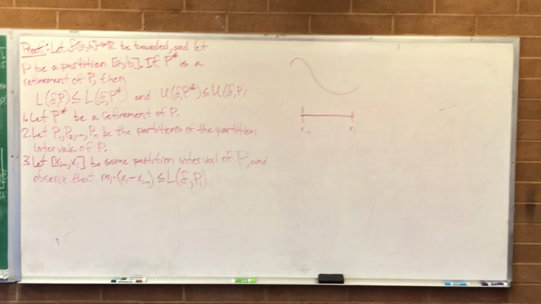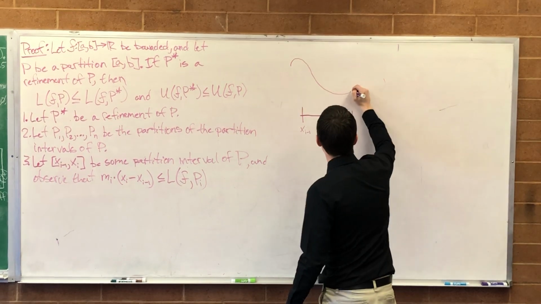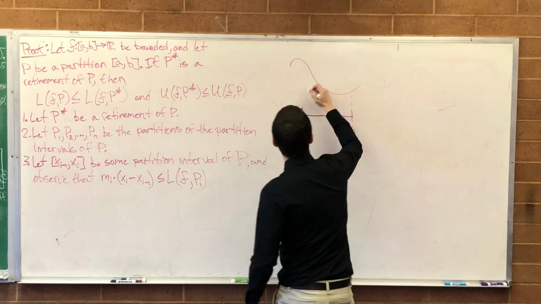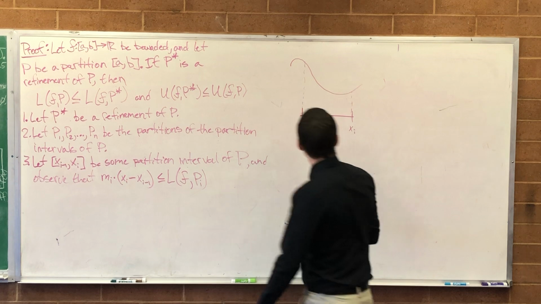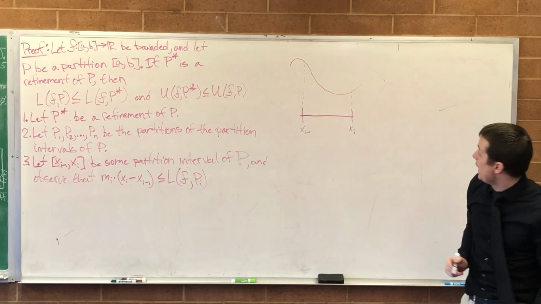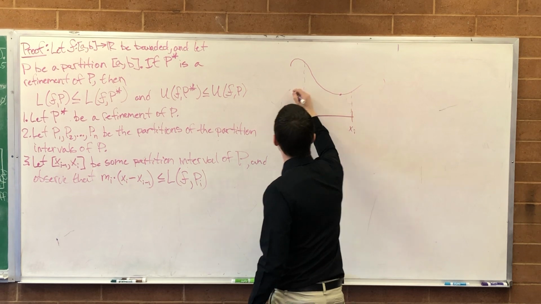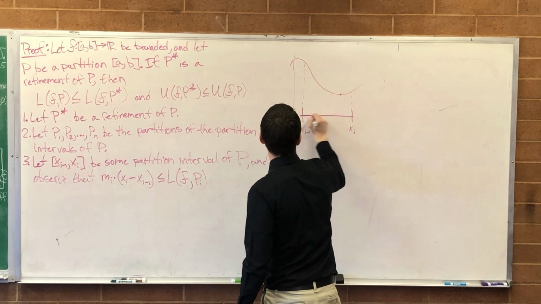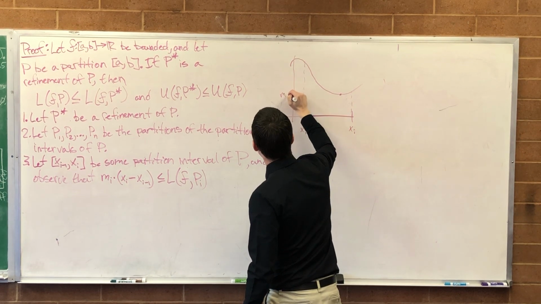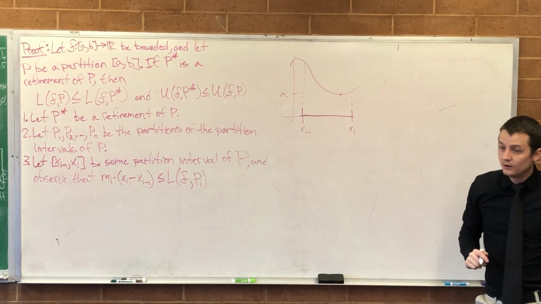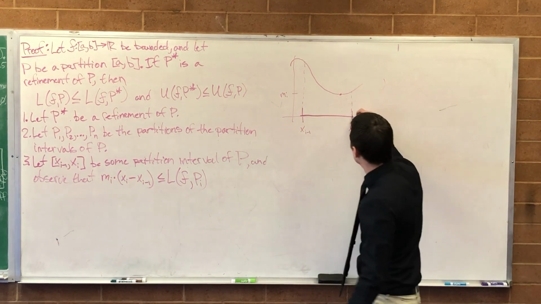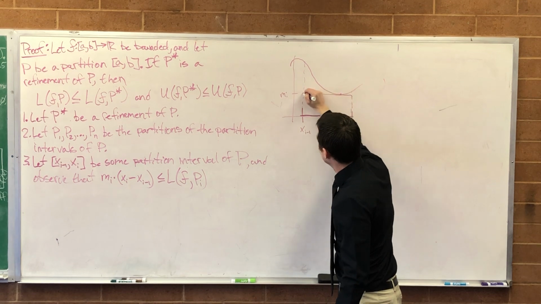That's all we're doing. I'm intentionally making it pretty dramatic so that you can see what's going on. So then little m sub i is the minimum height reached on this interval, and the area of the rectangle with little m sub i is this area.